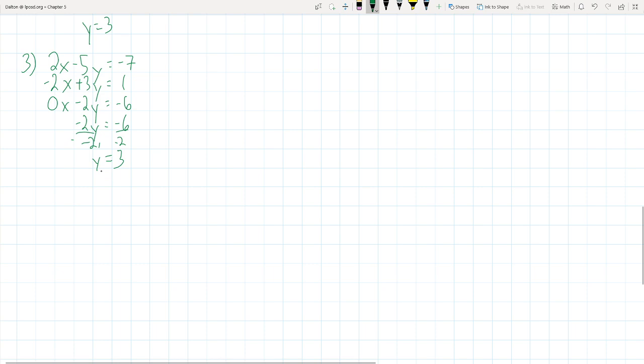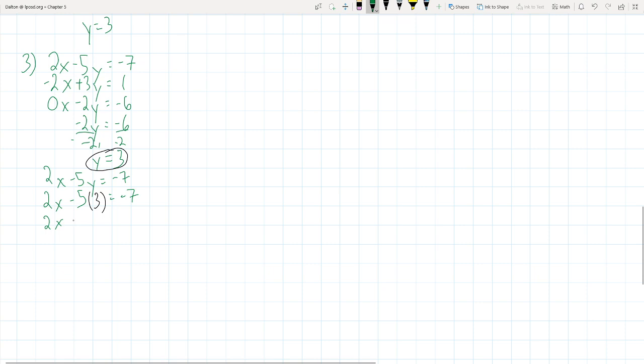Now we're going to go in and plug that into an equation. So I'm going to say 2x minus 5y equals negative 7. I'm plugging in 3 for y, so I get 2x minus 5 times 3 equals negative 7.